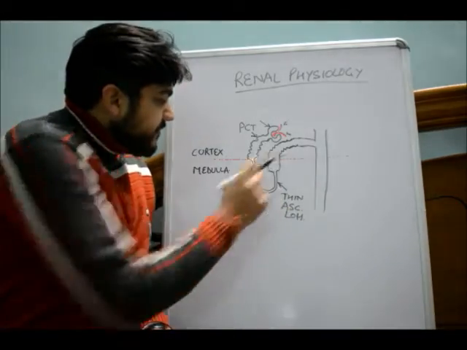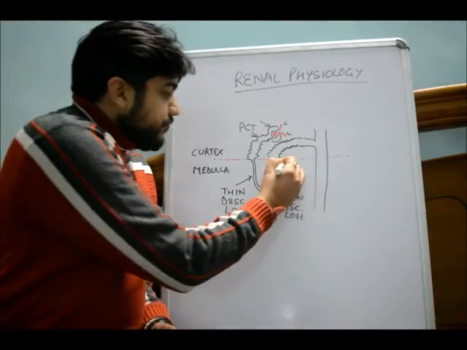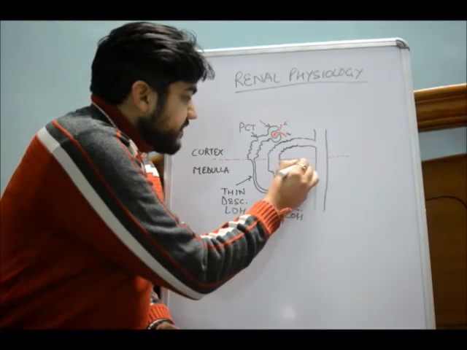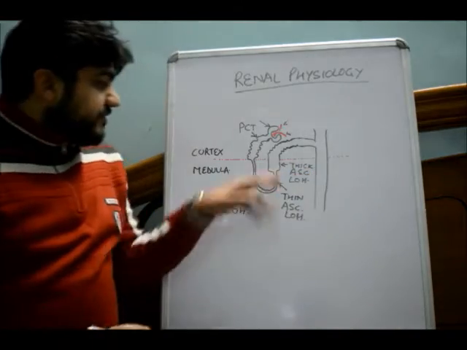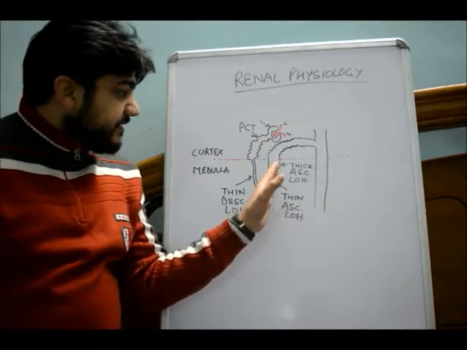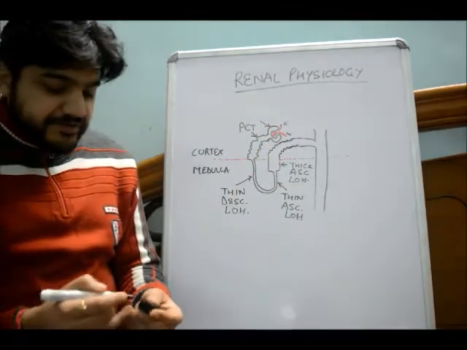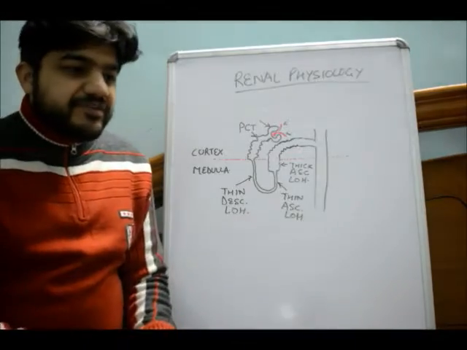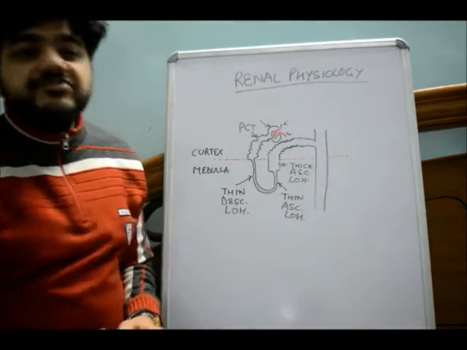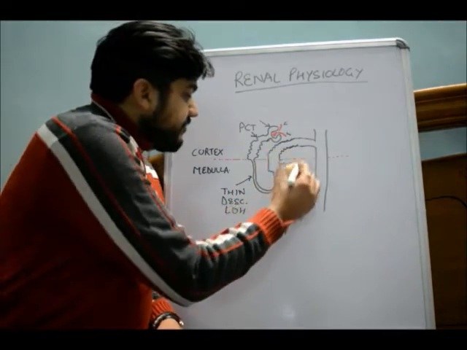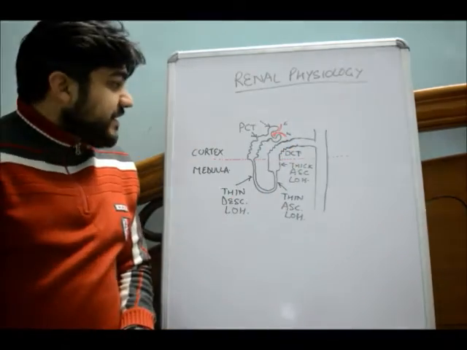Then in the medulla only, it changes its shape again into what we call the thick ascending loop of Henle. This thick ascending loop continues into the cortex, and then it again changes its shape and structure, and obviously the cell type, and is converted into what we call the distal convoluted tubule, or DCT.